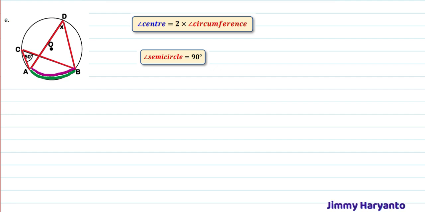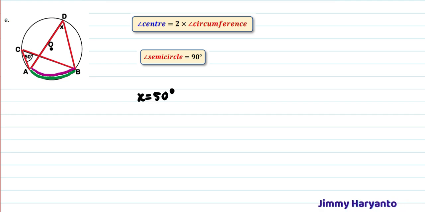Because they face the same arc, that means the measurement of the angle will be the same, because they also have the same angle of center. That means x equals 50.